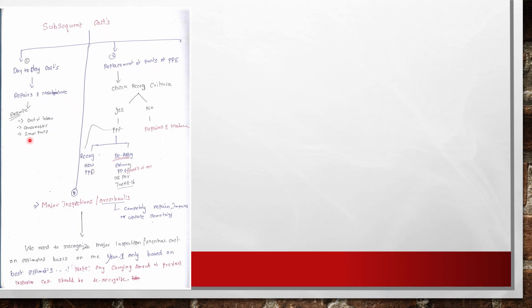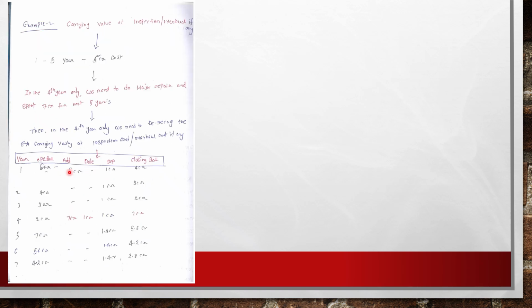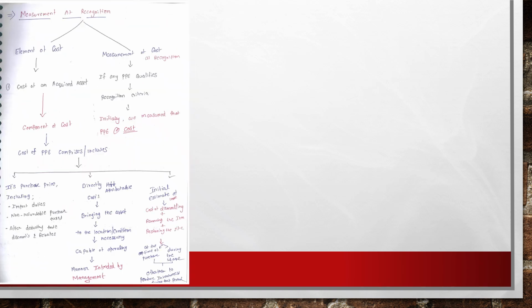At the initial stage only we need to identify this. That is why I have included these concepts here. And then what is the example for major inspections, and how would we depreciate them.